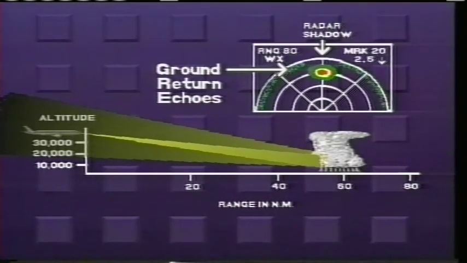If a storm is located in or around the terminal area, adjust the radar's display range to emphasize the storm's location, and adjust the tilt control to direct the radar beam toward the bottom of the storm. By following this procedure, you'll be able to observe if any radar shadow exists. If one does, fly away from it.